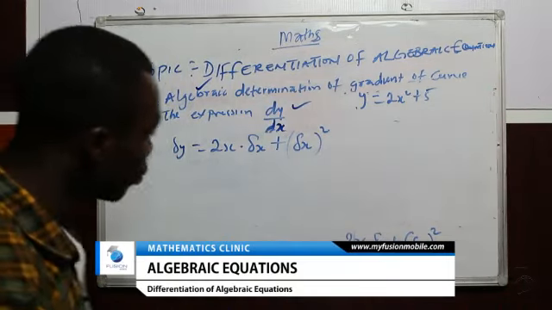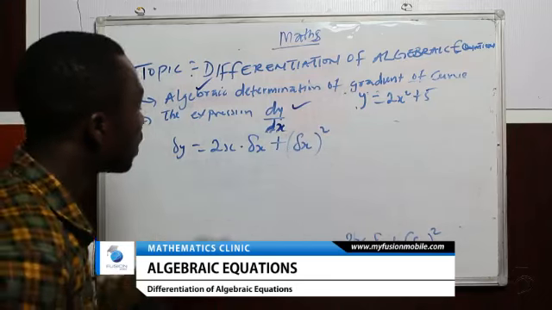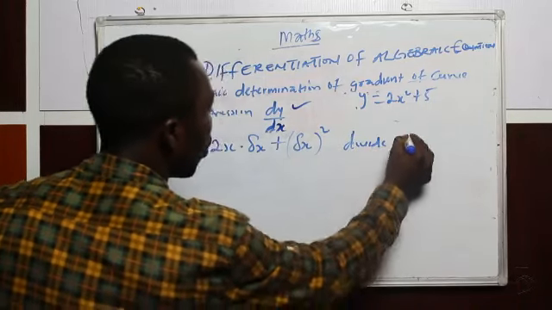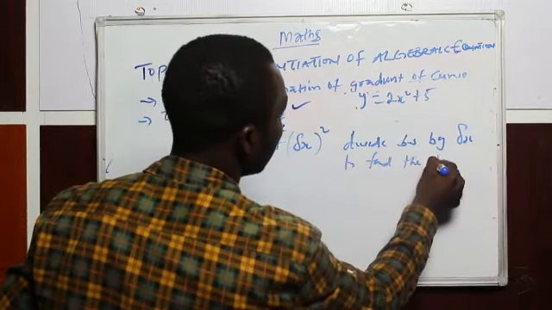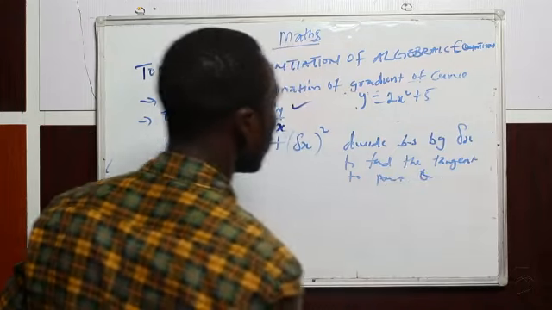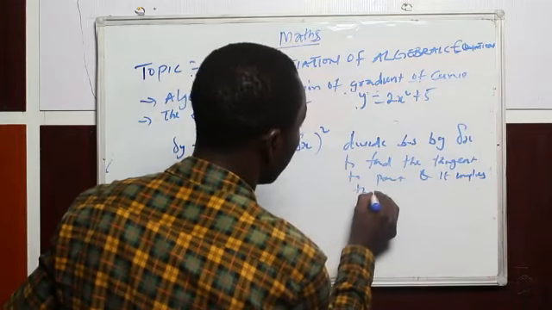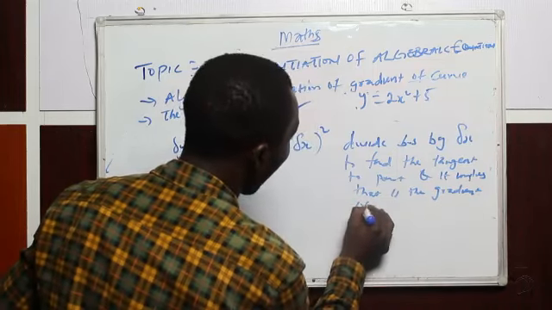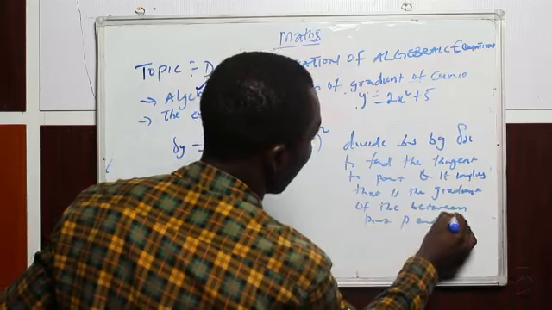Now the next step that we are going to do, because we found out that we have 2xΔx plus (Δx)², divide both sides by Δx to find the tangent to point Q. Now, when we find the tangent to point Q, it implies that is the gradient of the line between point P and Q.